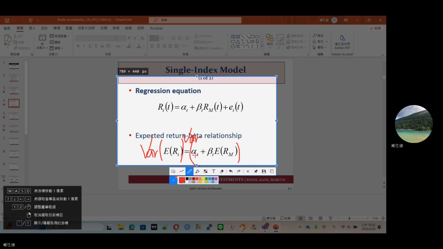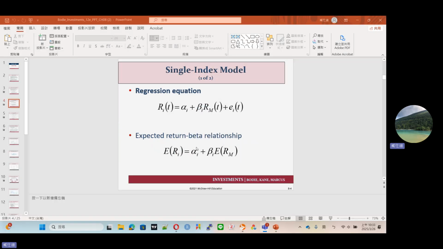I don't know if you can understand this, but statistically, we can take the variance on the left hand side and the right hand side. Suppose this is a random variable, so we can derive the result. If you are not familiar with the process, you can read the textbook. But finally we can derive this result.